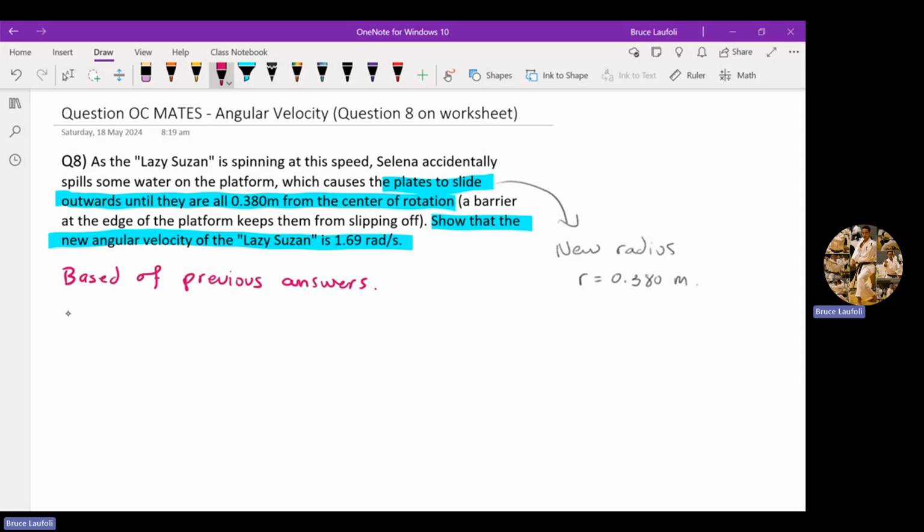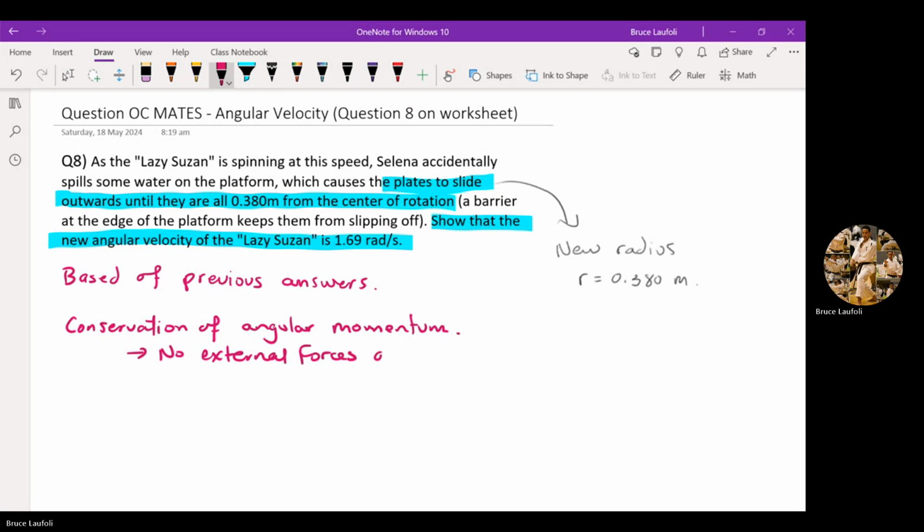of angular momentum. Conservation of angular momentum. That essentially says that angular momentum is conserved provided that there are no external forces applied, right?